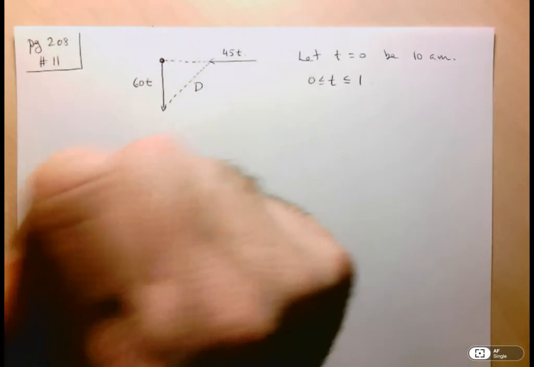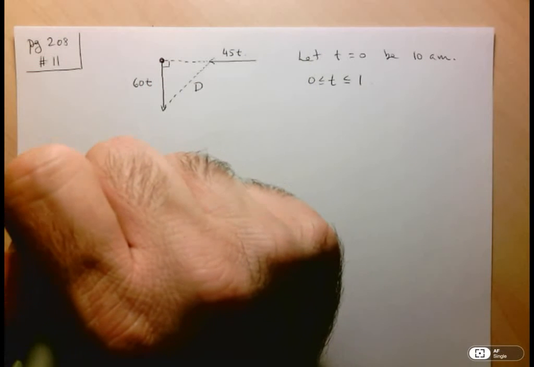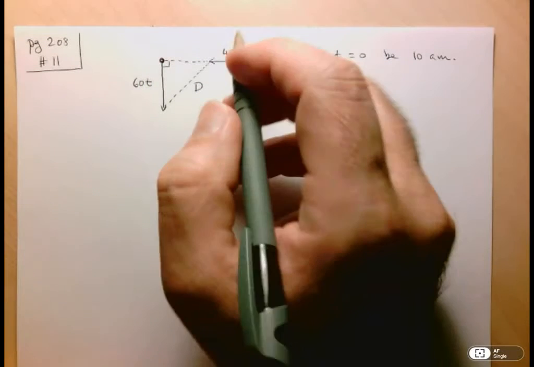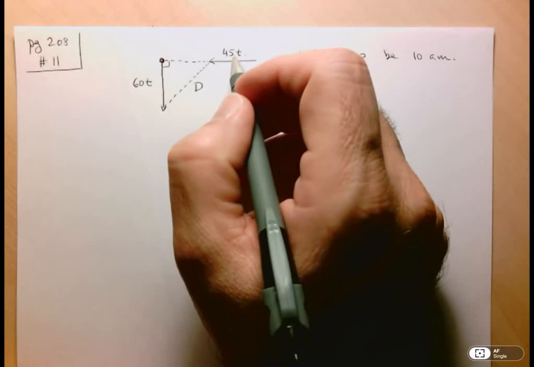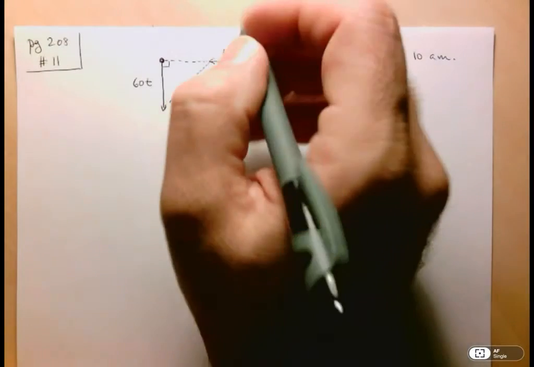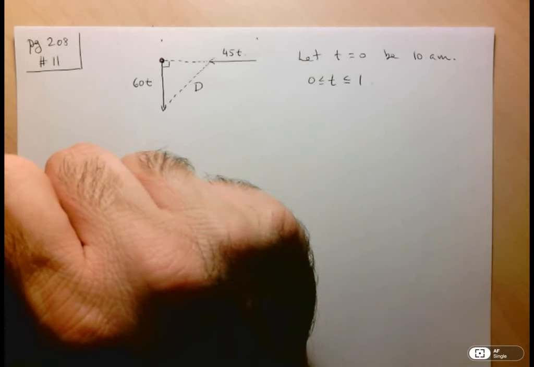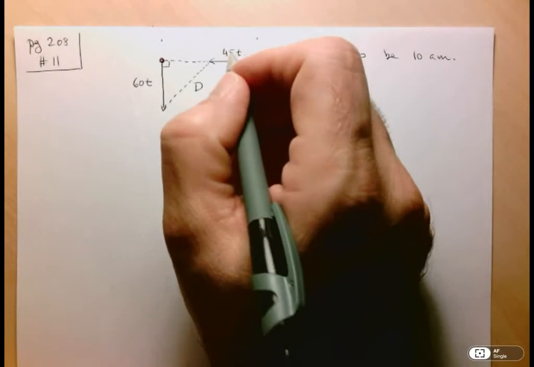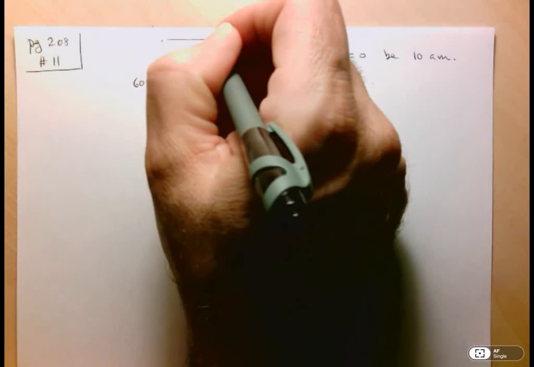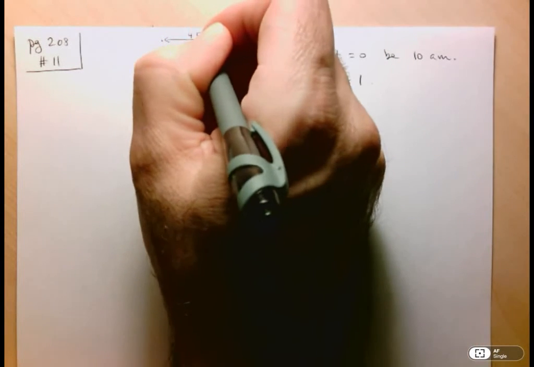the remaining distance to the station so that I can use my right angle triangle and make use of Pythagoras. So we have to think how long this train is traveling for. Say this is its position at 10 a.m. It reaches the station 1 hour later at 11 a.m. Since it's traveling at 45 kilometers per hour, in that 1 hour, it would have traveled 45 kilometers.